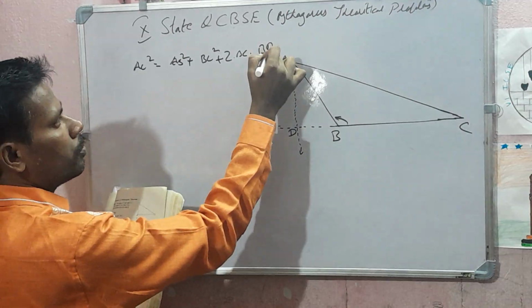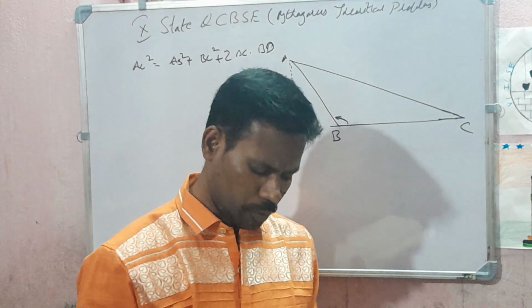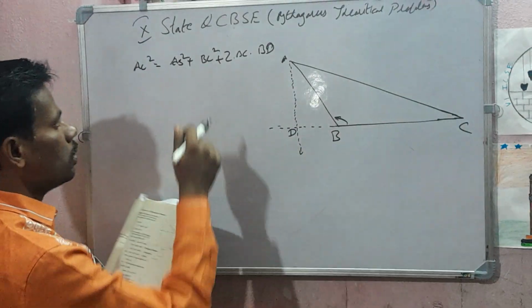If the triangle is obtuse angle, this is what we have to prove. AD is perpendicular to CB, already given.